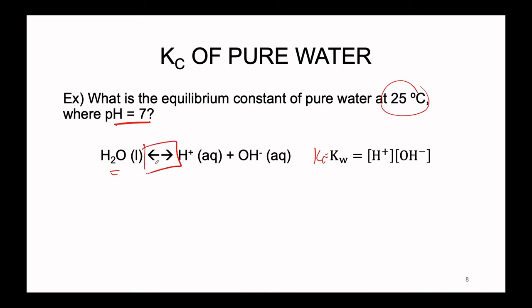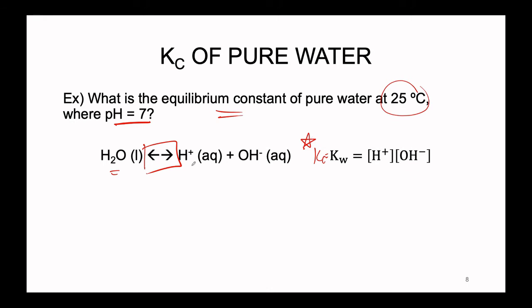Any type of math that we want to do with this reaction, whether it be measuring concentrations or theoretical yields, because this is a reversible reaction, we have to work with an equilibrium constant. It's not enough to use stoichiometry. This reaction is reversible, meaning that we have to use some type of equilibrium constant and equilibrium constant expression.